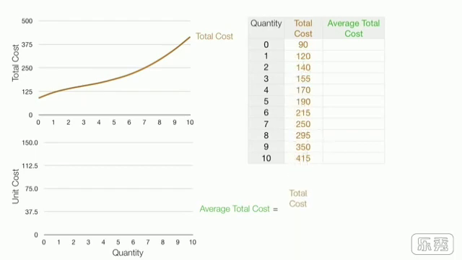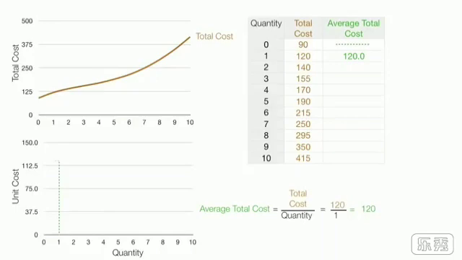If I take total cost divided by quantity, that's average total cost. For example, if I take 120, which is total cost, divided by a quantity of 1, this should equal an average total cost of 120, which is green.